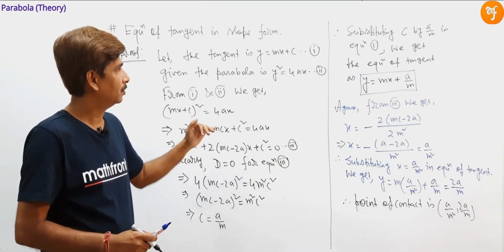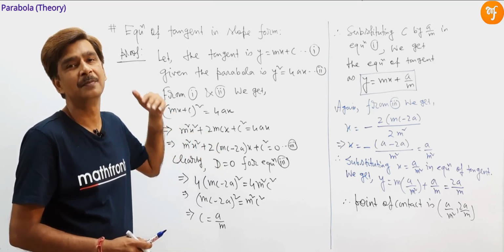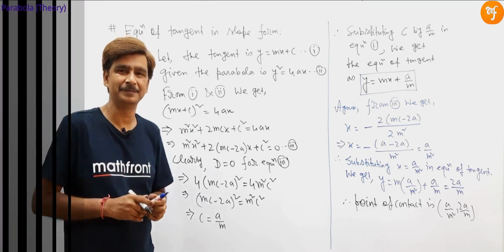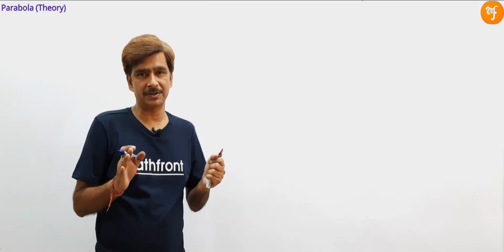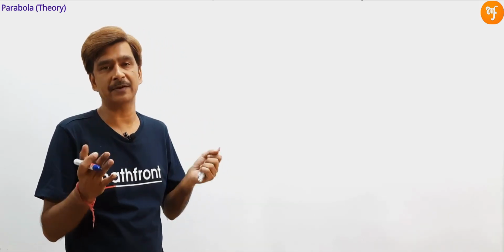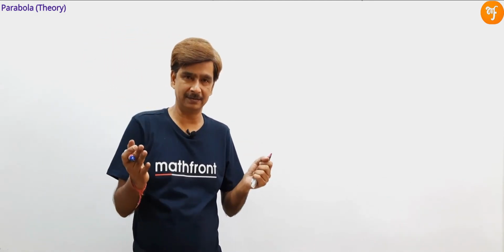Okay. Now we are coming to the equation of tangent in point of contact form. Okay. So let's have a look. So friends, now we are discussing the equation of the tangent in point of contact form. That is, when the point of contact is given.